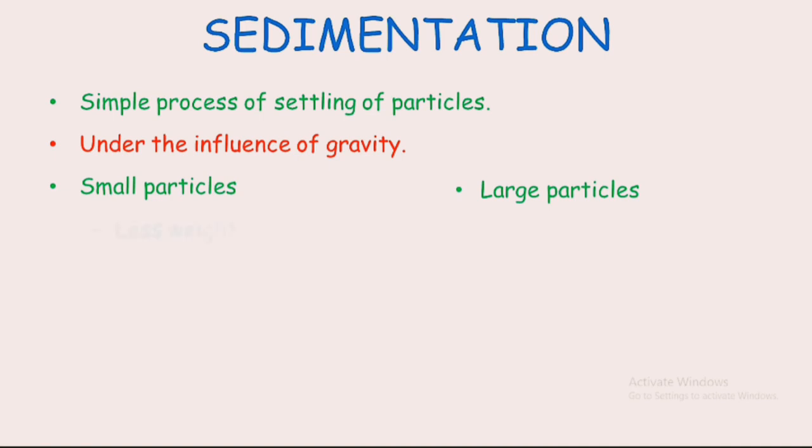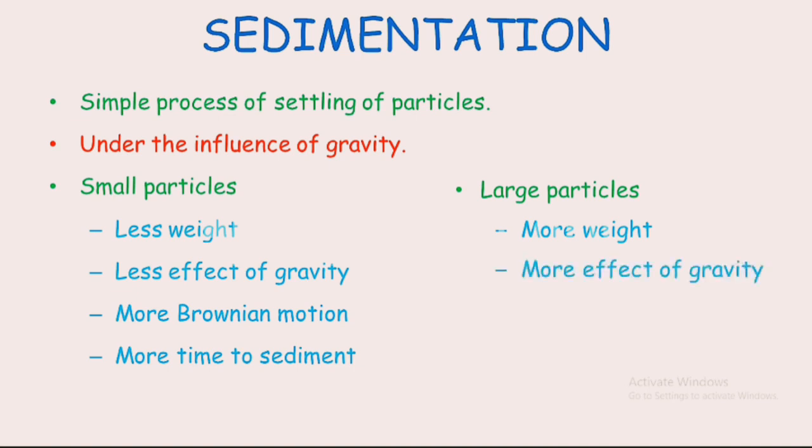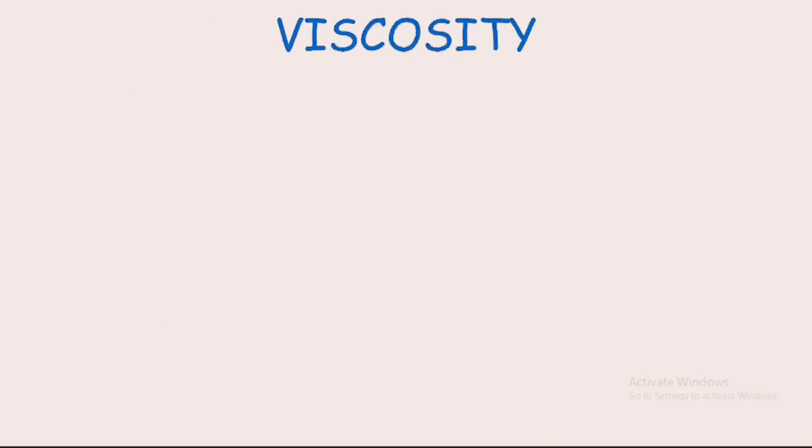As smaller particles are lighter in weight, they experience low force of gravity and high Brownian motion, due to which they require more time to sediment, while those particles which are larger with respect to others are heavier and experience high impact of gravity. On the other side, due to heavy weight, they also have less Brownian motion, due to which particles settle down in lesser time.